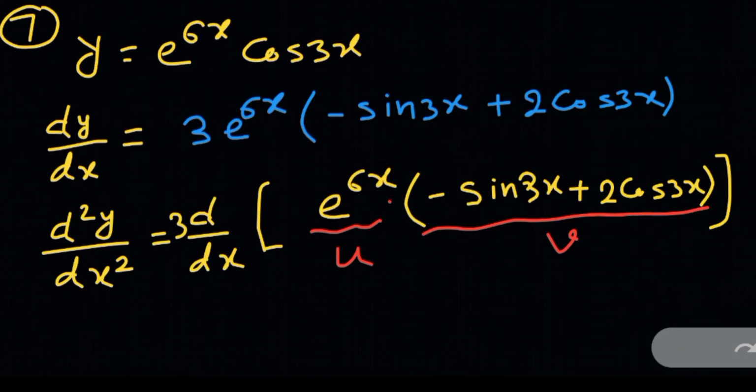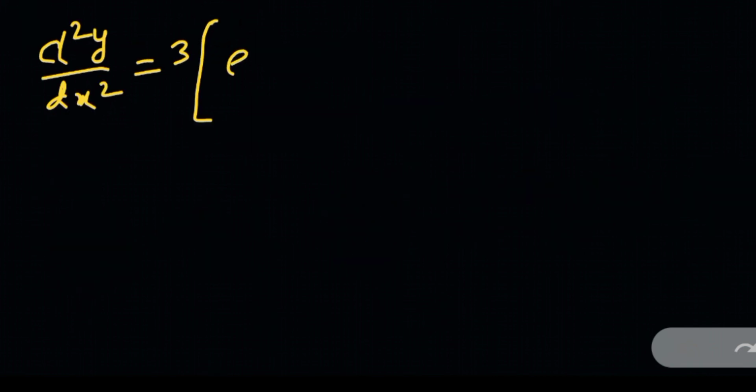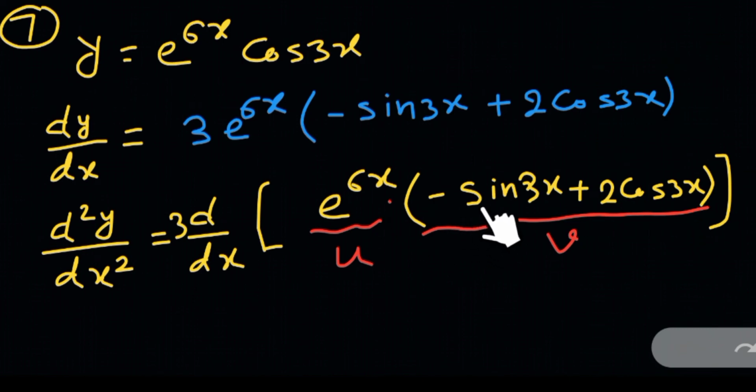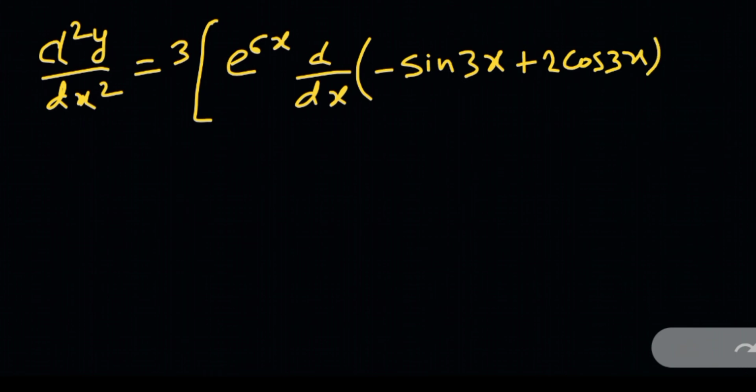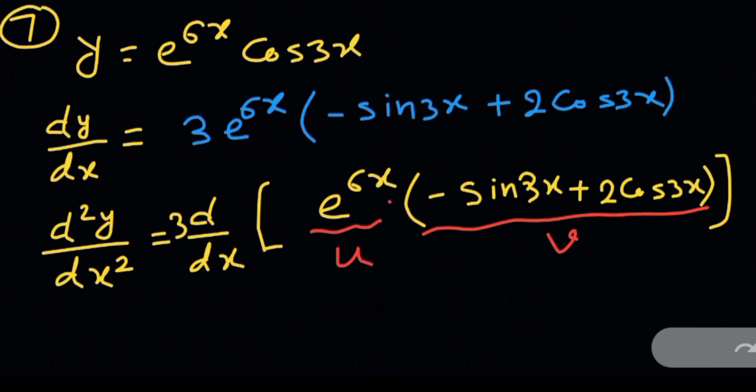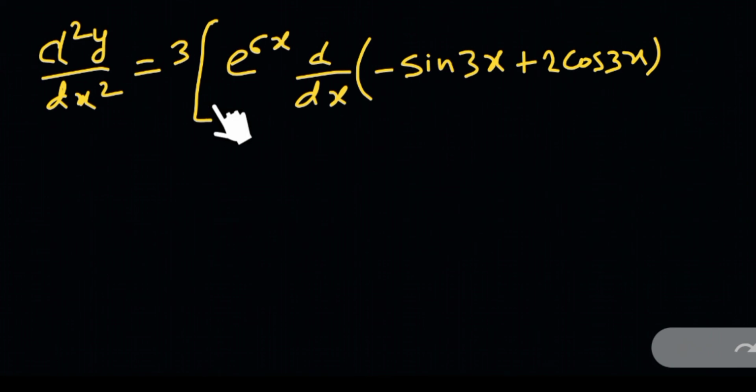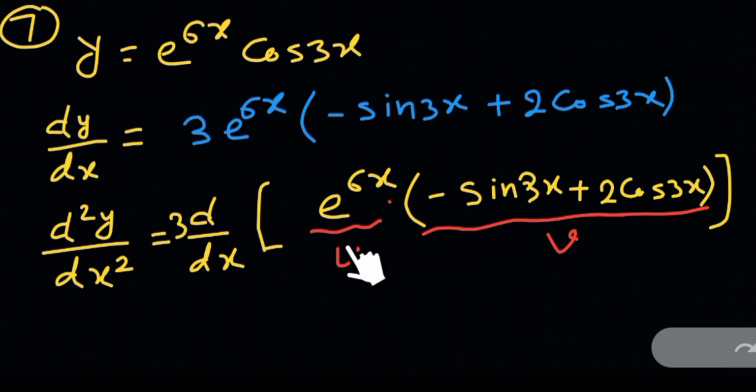So u as it is, e to the power 6x as it is, and the derivative of v, meaning minus sin 3x plus 2 cos 3x, which is minus 3 cos 3x... minus 2 sin 3x plus 2 cos 3x, the derivative of this. And the second term will be, next time, plus this v as it is and the derivative of u with respect to x.